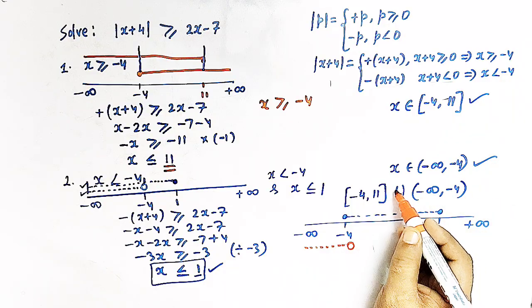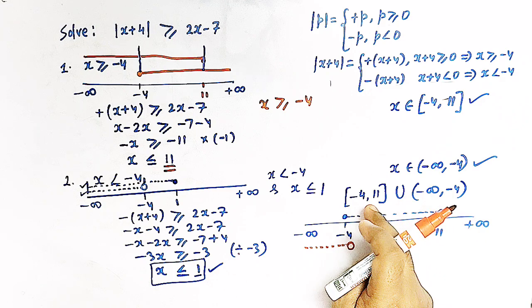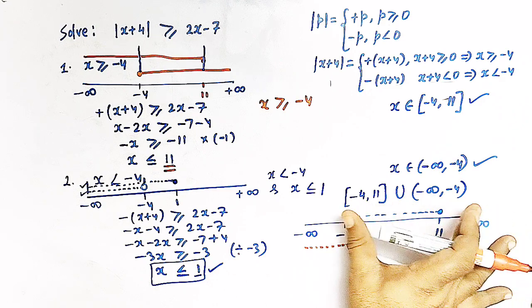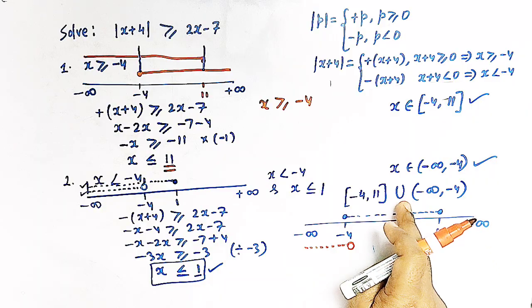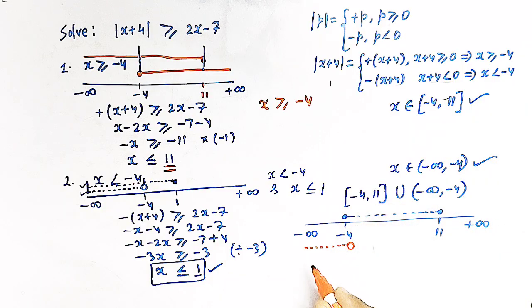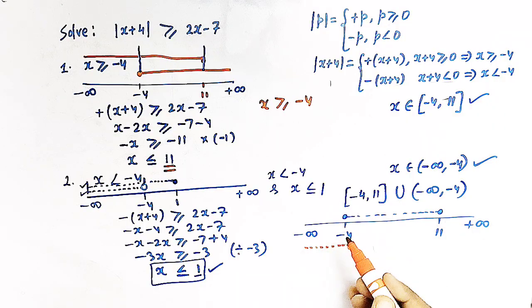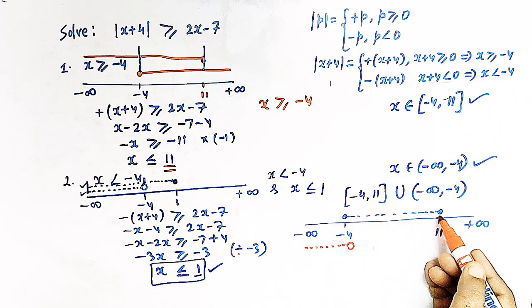So now, since we have to take the union of these two intervals, the combined solution is given by minus infinity to 11, right? Because first we go from minus infinity to minus 4, and then we go from minus 4 to 11.